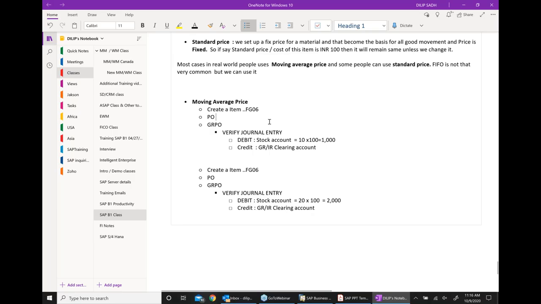So here we had quantity equal to 10 and price equal to 100. Here we have quantity equal to 10 and purchase price equal to 200.